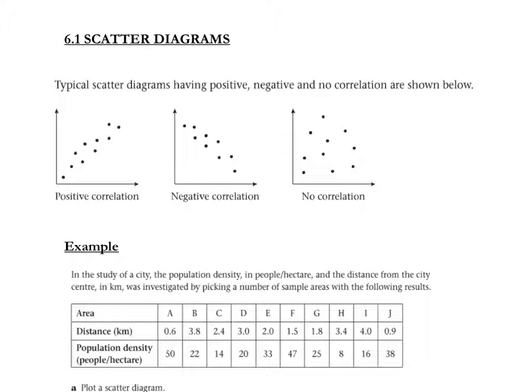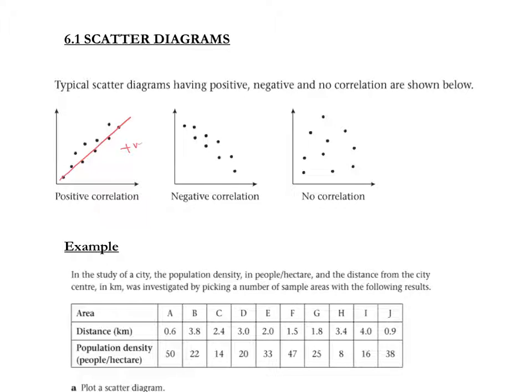So you've come across GCSE correlation when you've done statistics, and these diagrams should not be unfamiliar to you. So in the first one, positive correlation, second one, negative correlation, and the third one, absolutely no correlation at all. We can't see if there's any; as one variable increases, the other does not. And what we try to do is draw a line of best fit, and it looks something like that for positive.